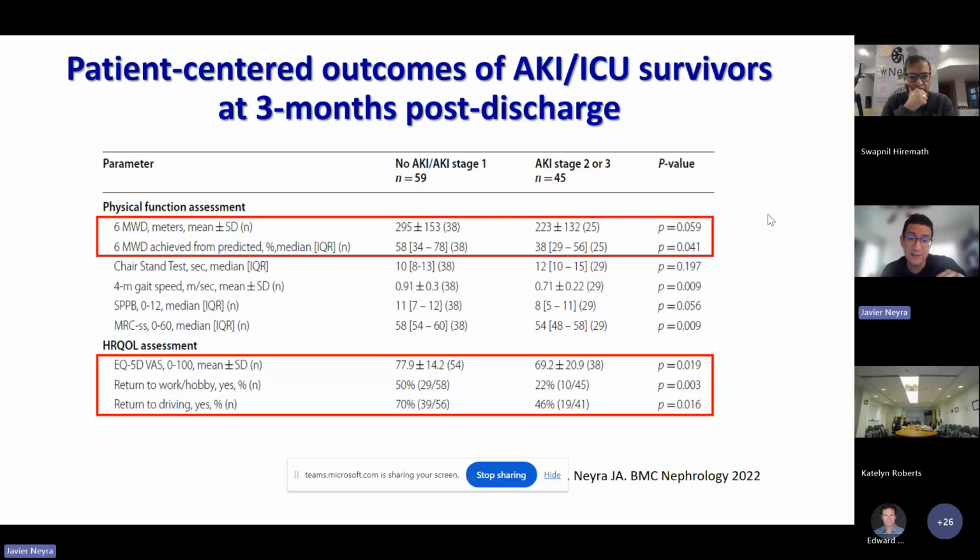You can see the results of the 6-minute walk on the treadmill, much more limited in patients with severe AKI. This was evaluated approximately within 3 months after discharge. This also translated into lower scores of quality of life, with a very significant impact on return to work and hobby, and even return to driving for those patients that were driving before hospitalization.